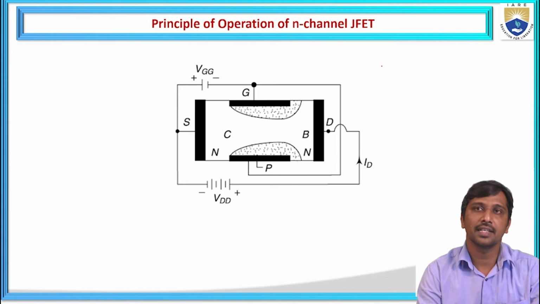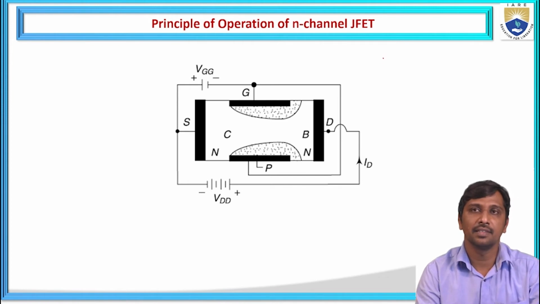Based on the construction, we know that the source emits the charge carriers to allow conduction across to the drain. Hence, the drain is always attracting the charge carriers from the source, so we need to apply a biasing between the drain and the source.